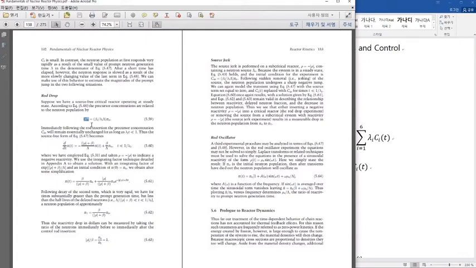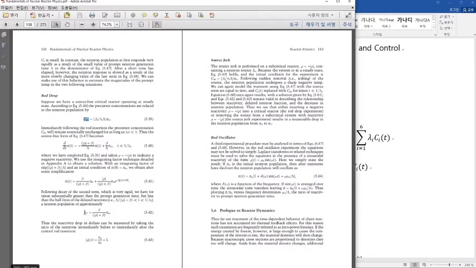Their change will not be that significant, so they can be assumed as a constant during that short time period. So this is the case of a rod drop. Basically, the reactivity would be a negative value. We use this absolute value to indicate that only the magnitude of the negative value will be used here.